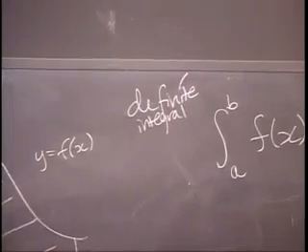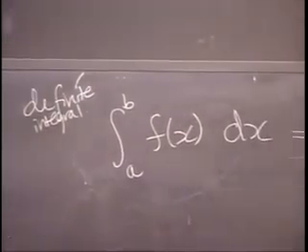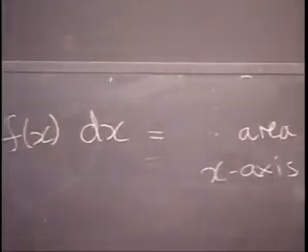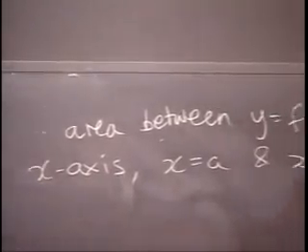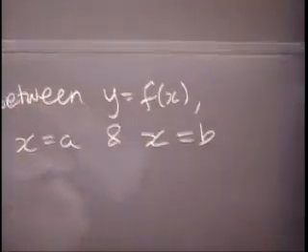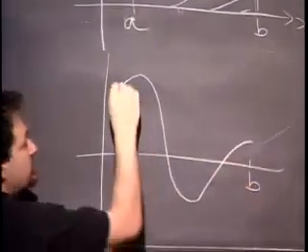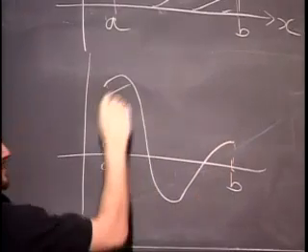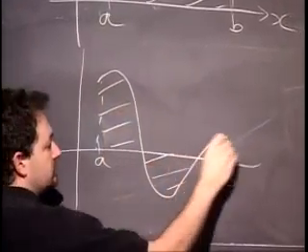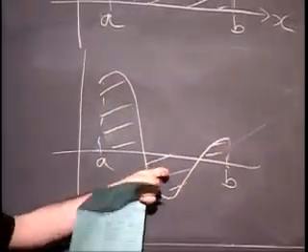Now, there's a couple of things about this. First of all, we talked about displacements and how the curve could go below. So I need to also consider the situation where the curve might look like this. If the curve looks like this, you've got to count this area as negative.